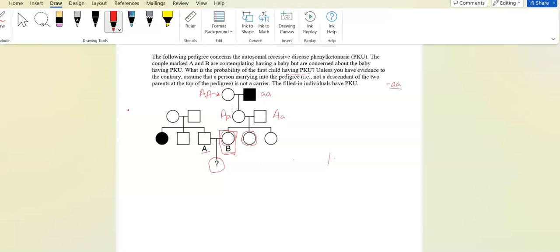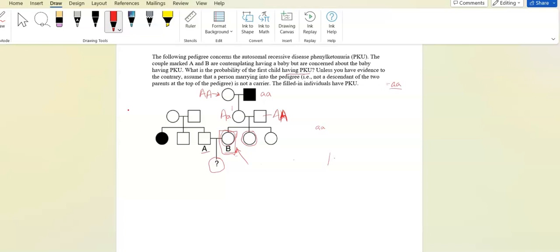It can't have PKU, or it would be filled in. We would assume that this person is homozygous dominant, because they're marrying into a family that has this very rare allele. So what's the probability that this person would be a carrier?